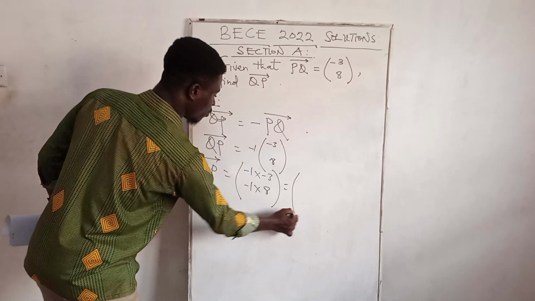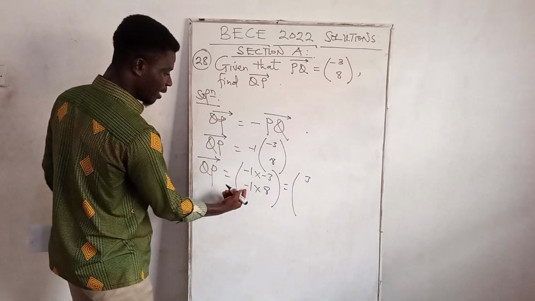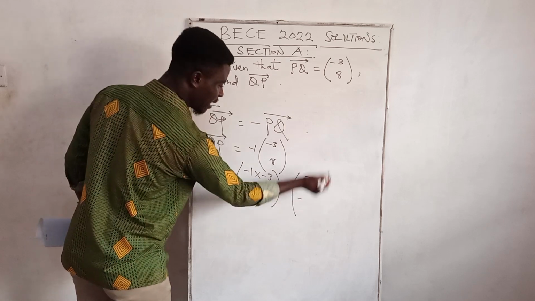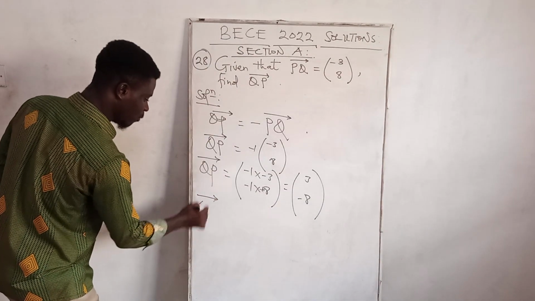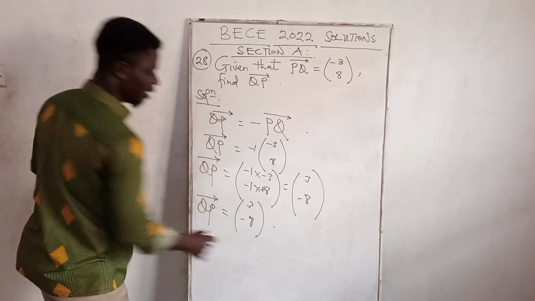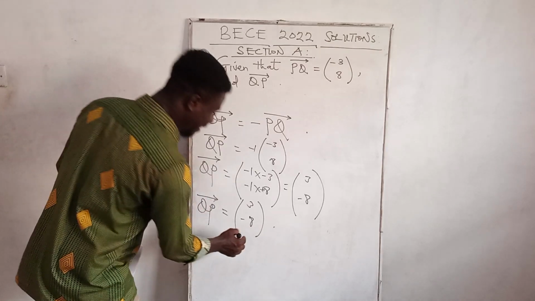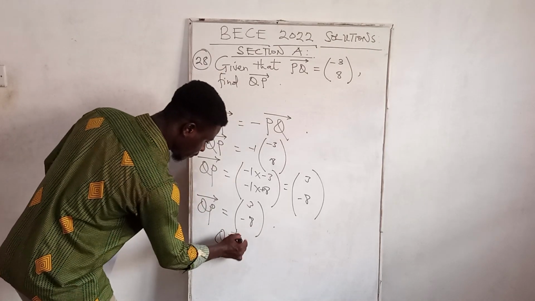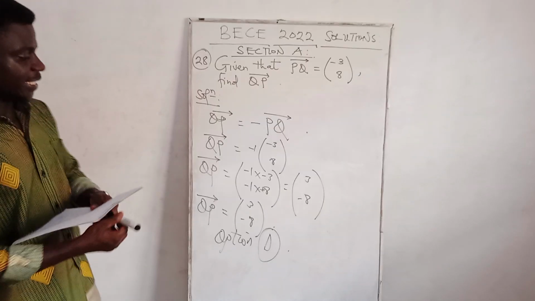Negative times negative is positive 3, and negative 1 times 8 is negative 8. So I have vector QP as 3, negative 8, which is option D for dog.